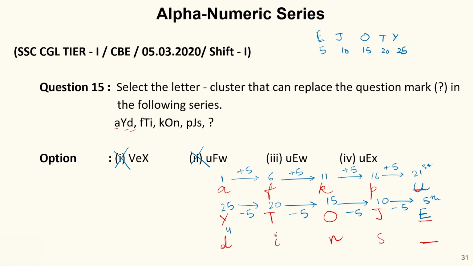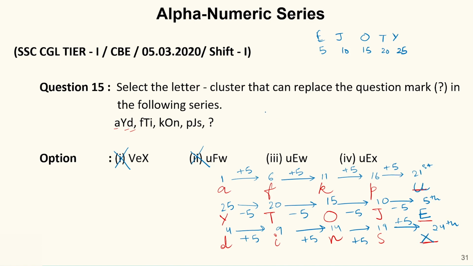D is positioned at 4 and I is positioned at 9. N is positioned at how much? 14. S is positioned at 19. So again, I can see very clearly 5 positions increased, 5 positions increased, 5 positions increased. So I'll increase it by 5 positions, and that will give us the 24th position, and the 24th position belongs to X. So small x.